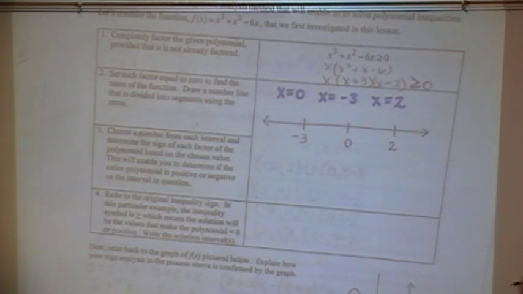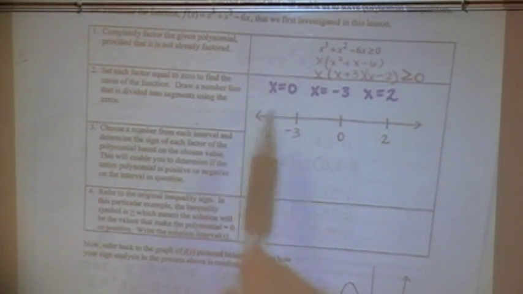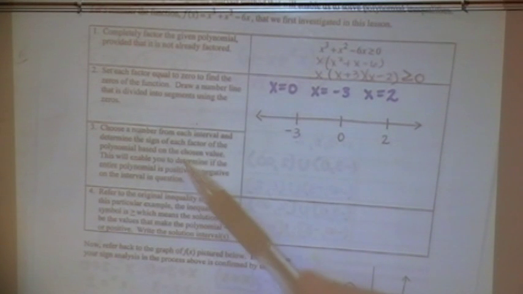We are going to choose a number from each interval, so a number that's in this area, then one that's between these two, and then in this area. And we are going to determine the sign of each factor of the polynomial based on the chosen value. You do not have to figure out actual numbers. All we're trying to determine is whether or not things would be positive or negative in that region.